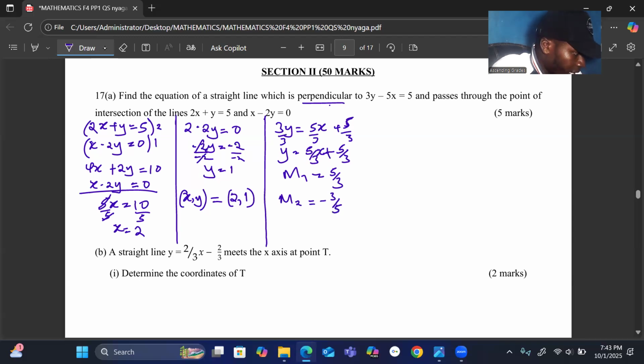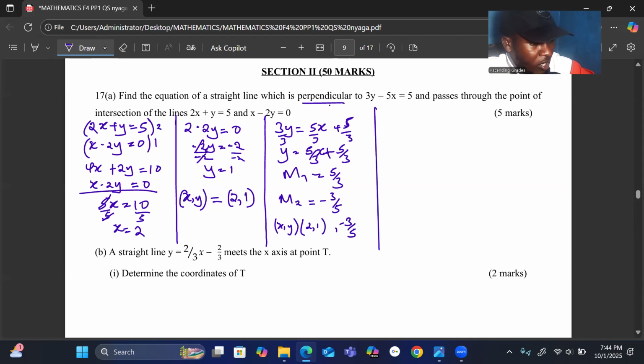Now we have the point of intersection 2, 1, and we have the gradient of the perpendicular, which is negative 3 over 5. Now, we can use these to find the equation.